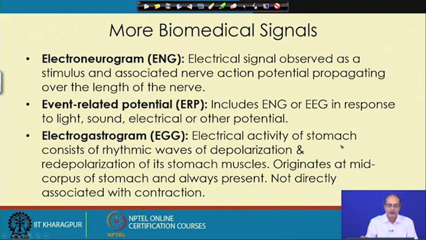Next, we can look at electrogastrogram. Electrogastrogram is the electrical signal of the stomach and the alimentary canal. We know peristalsis is happening, which is nothing but rhythmic movement or rhythmic contraction.